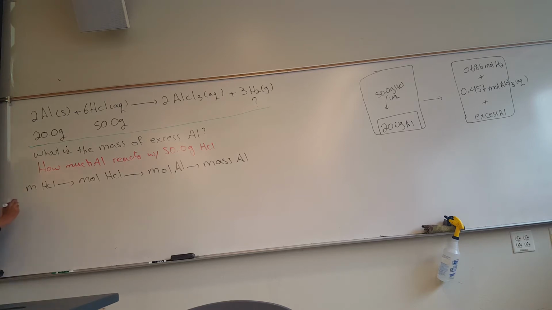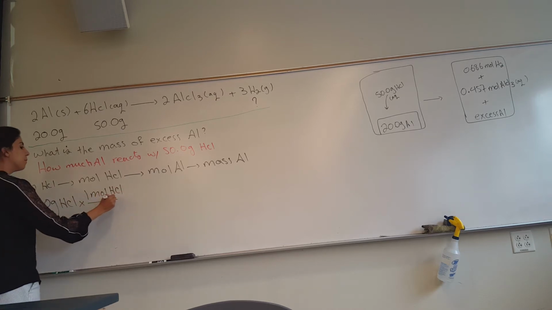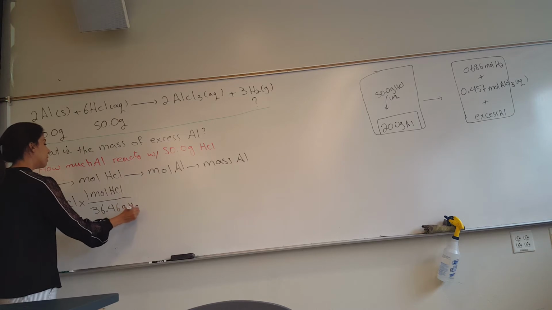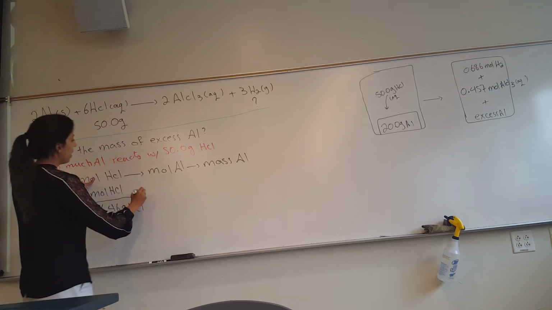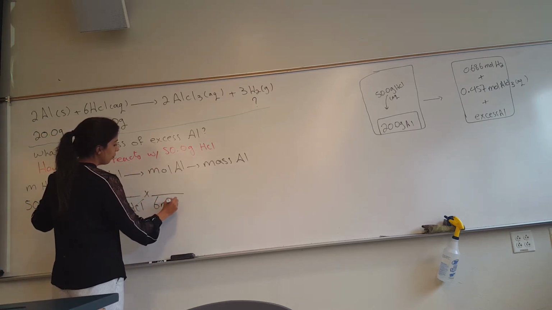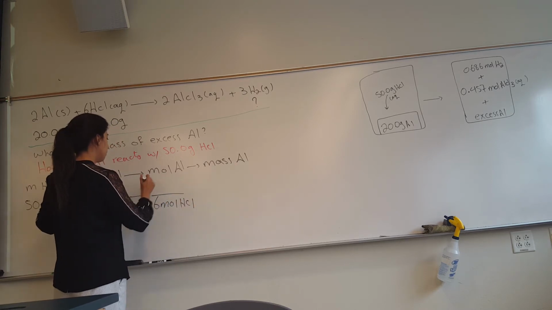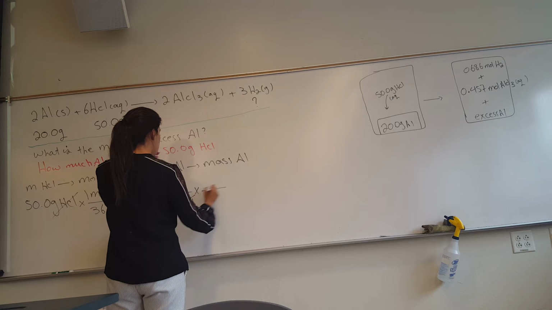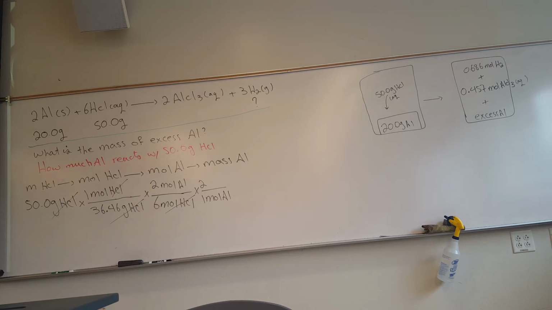So let's do it. Hydrochloric acid, you have 50 grams of hydrochloric acid. Each mole of hydrochloric acid is 36.46 grams of hydrochloric acid, so mass and mass cancel out. Based on the balanced reaction, each 6 moles of hydrochloric acid reacts with 2 moles of aluminum. And then we know that each mole of aluminum is 26.98 grams.